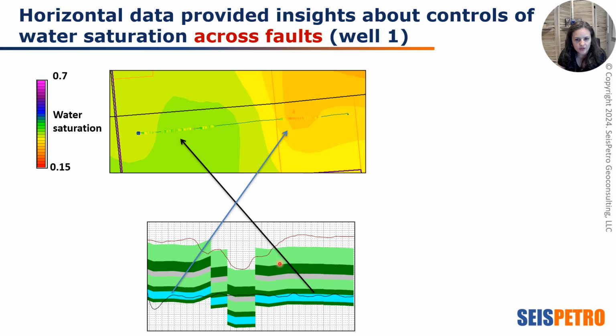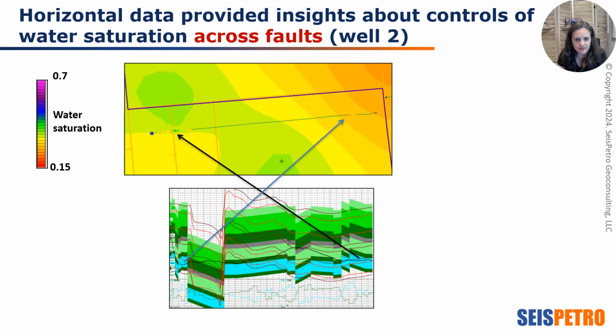The well here is inverted, but you can see that we have three big faults, and in the heel of the well we have low water saturation, while in the toe of the well we have much higher water saturation. In another similar example, the points at the heel of the well, which correspond to this area here, have low water saturation, while at the toe of the well we have higher water saturation.